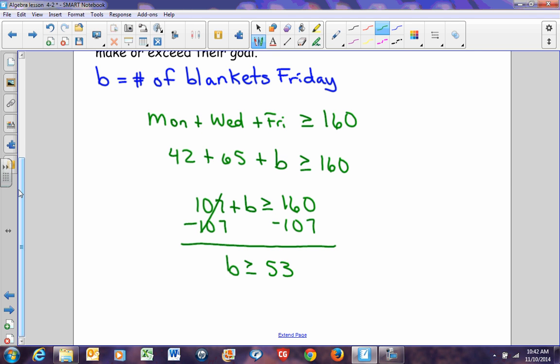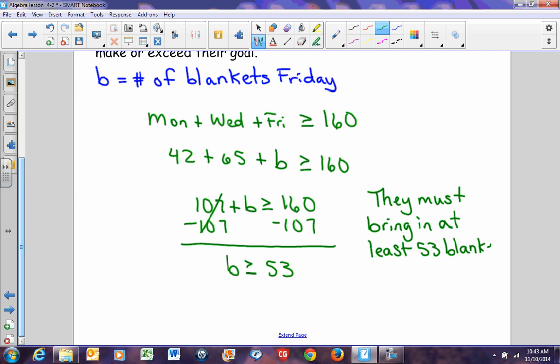They must bring in at least 53 blankets on Friday. And we have the solution to our inequality.